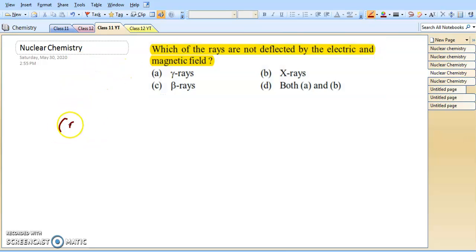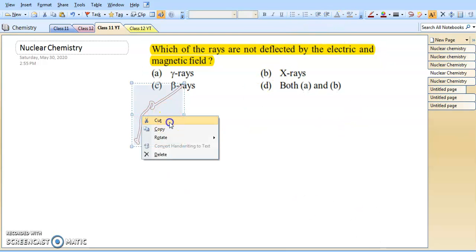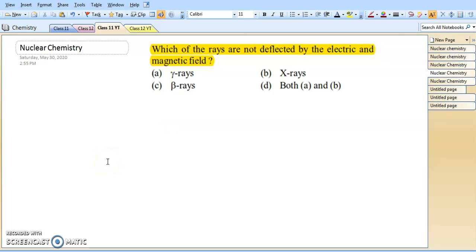After going through the cathode ray discharge experiment, you have seen that cathode rays are negatively charged particles, and anode rays are positively charged particles.